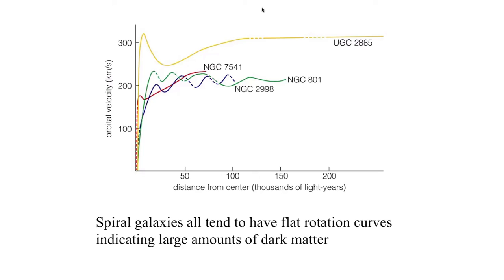So all spiral galaxies seem to have these flat rotation curves, and these flat rotation curves indicate large amounts of dark matter. The Milky Way is not unusual. We see lots of other galaxies. In fact, every other galaxy that we see seems to have this same property, where most of the mass is in dark matter, and it's revealed itself by these rotation curves.